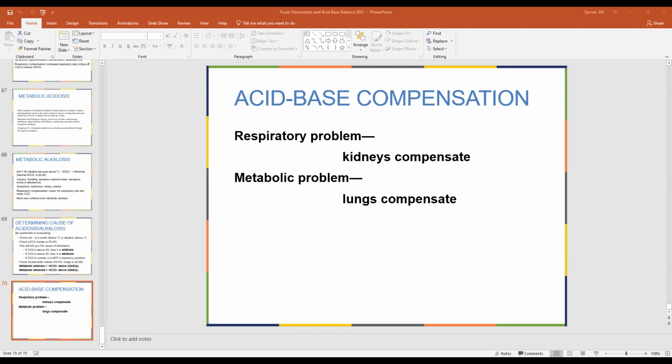Pulmonary ventilation, that's what we call breathing: moving air into the lungs, out of the lungs. External respiration: lungs giving up oxygen to the blood, blood giving up CO2 to the lungs.